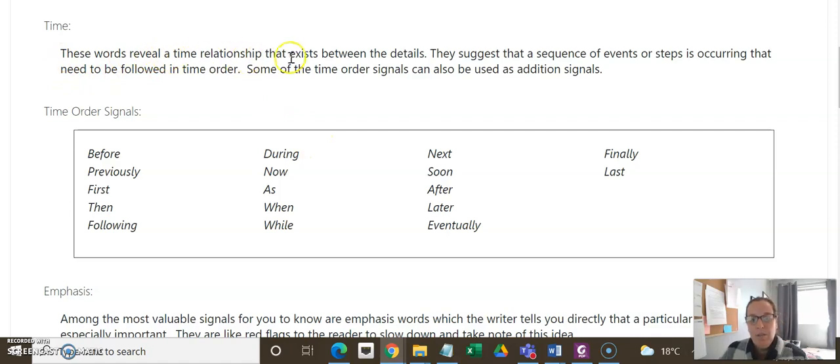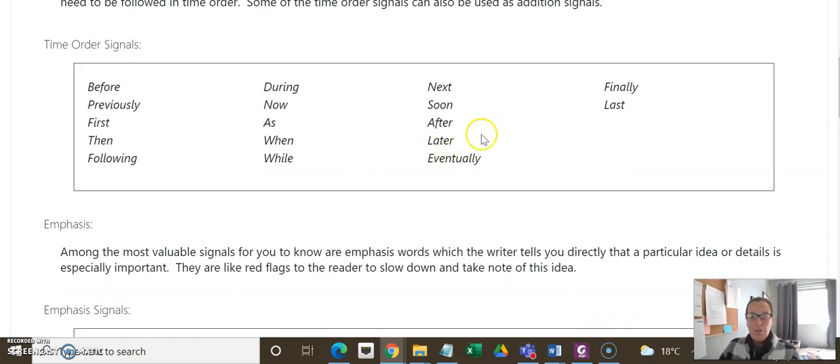The next type of signal words are time. So these words just tell you that there's a relationship that exists between the details. They have to come in a specific order. They're called time order signal words. So if we see any of these words, we know that there's a detail coming. So for example, if my main idea statement was, the easiest steps to creating a great chili recipe are as follows.